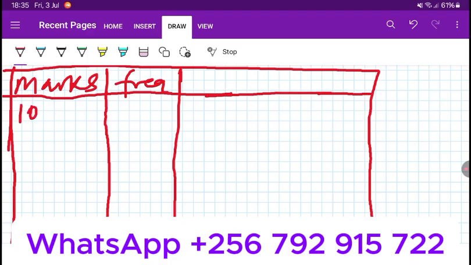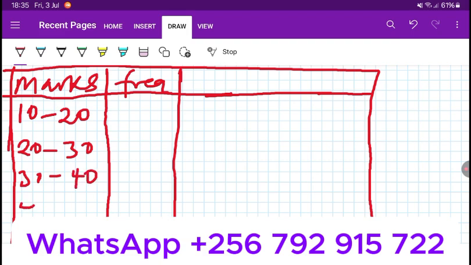So it is 10 to 20 and 20 to 30, 30 to 40, 40 to 50, then 50 to 60. The frequencies, this one they gave us 2, this one is 8, this one is 12, this one is 18, this is 28, and of course we have the last one.